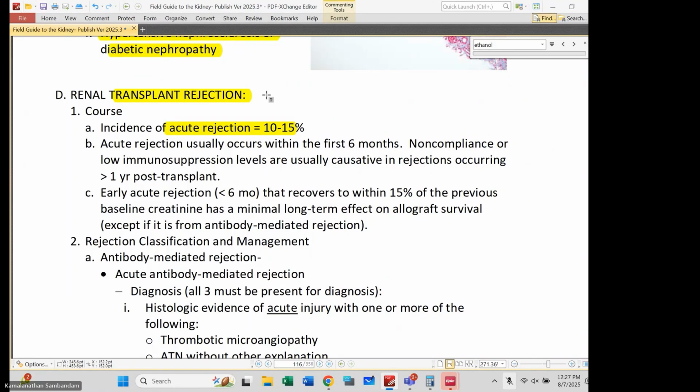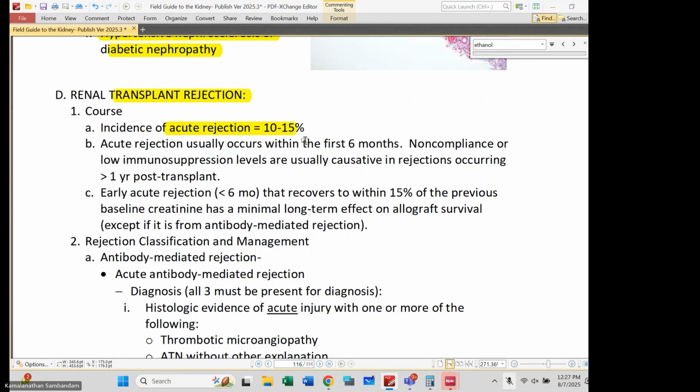Okay, so the use of induction agents has brought down that historical rate of acute rejection of as much as 40% down to 10 to 15% in the modern practice of transplant nephrology.